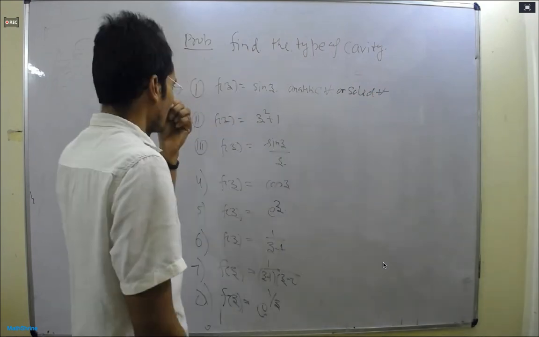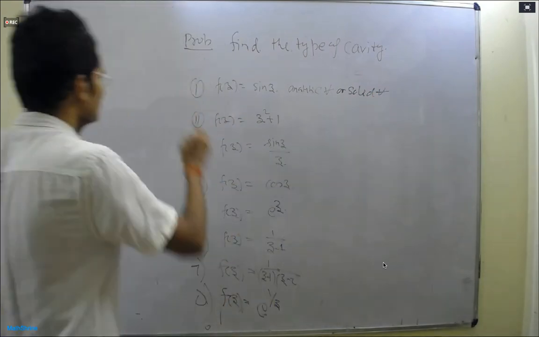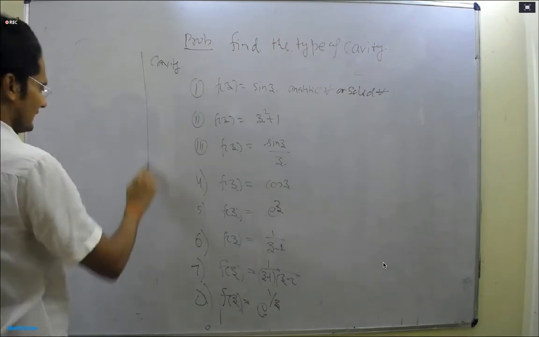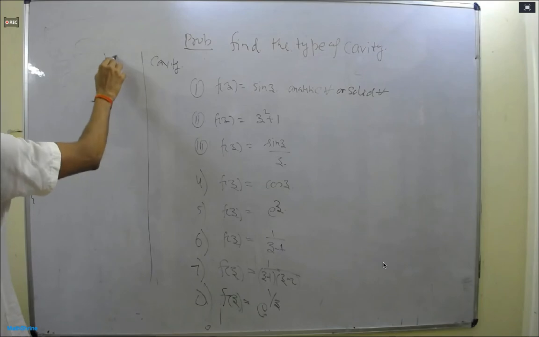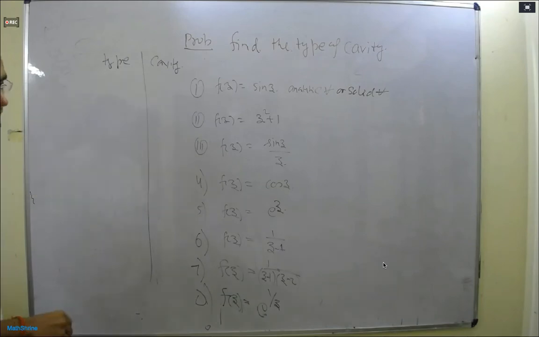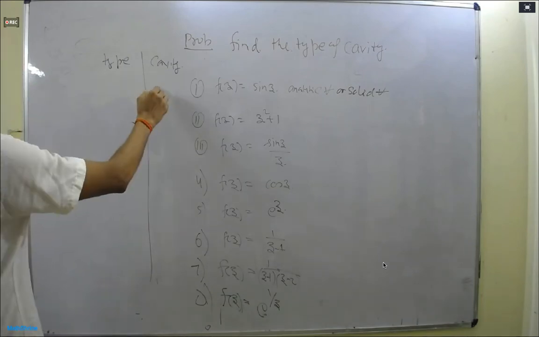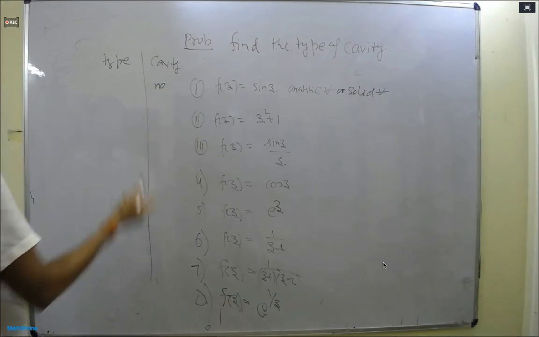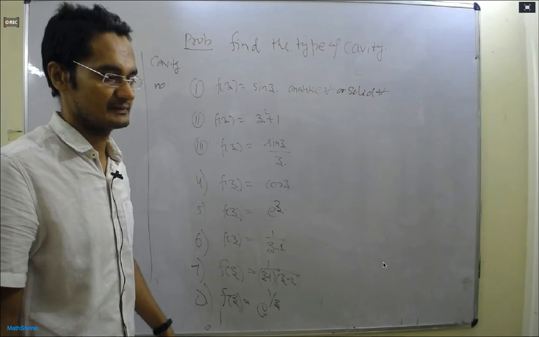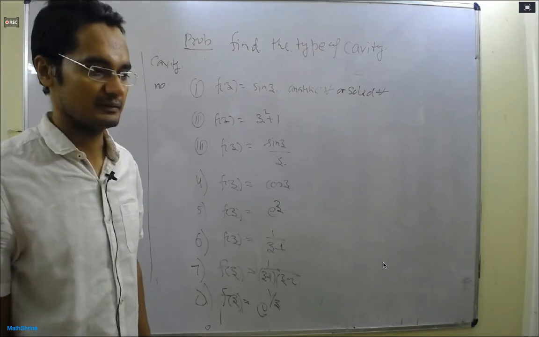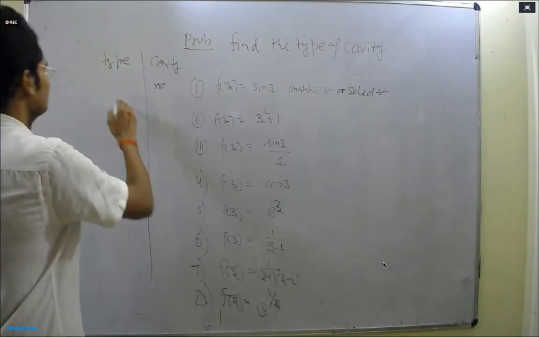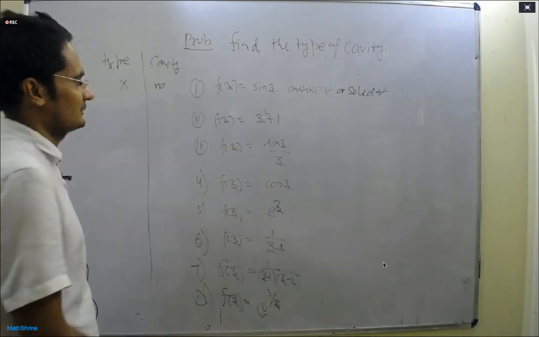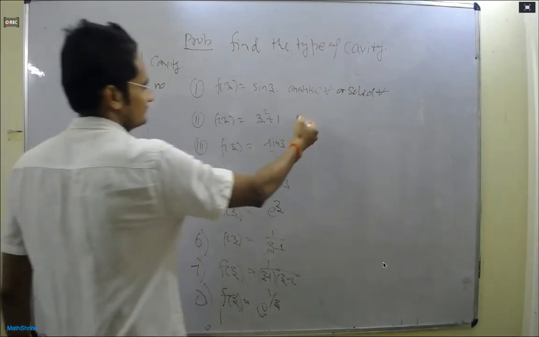So I can write the type: no cavity, right? Because this is solid everywhere. So there is no cavity at all. f z is equal to z, analytic everywhere. So no cavity.